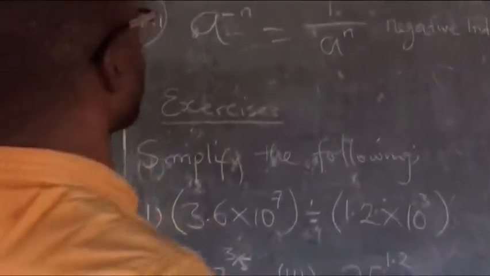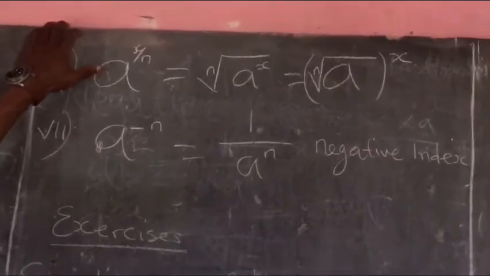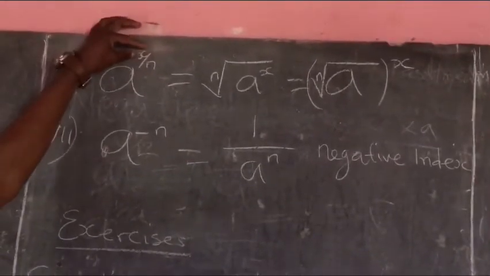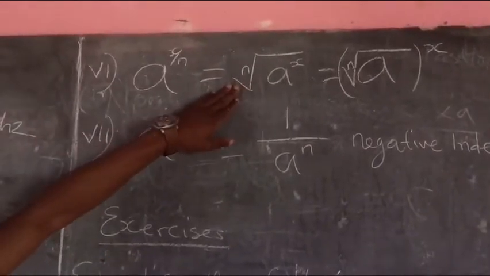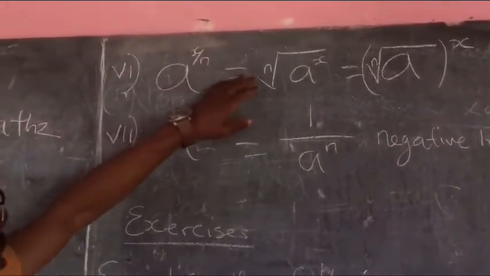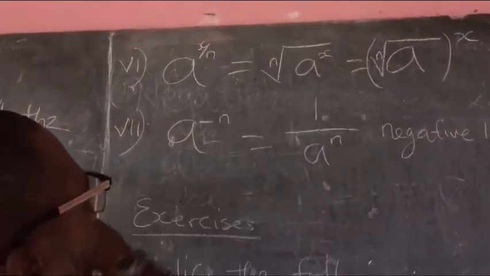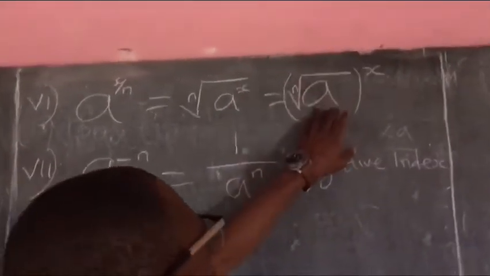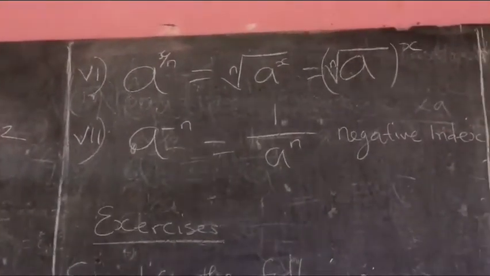Then number 6, another fraction. You say if I raise a number to x over n, I take the nth root of a raised to power x, or I take the nth root of a, then raise my answer to power x.